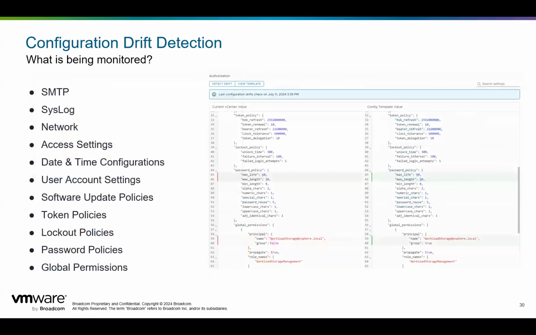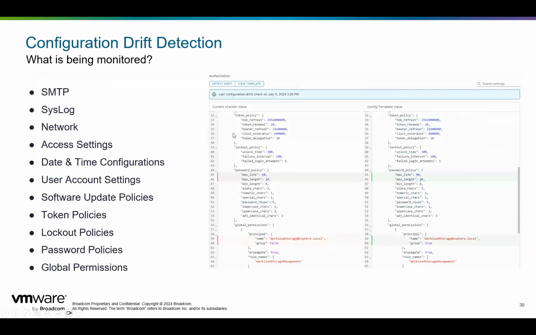While this is not an exhaustive list, here are some of the key things monitored by configuration drifts at a high level. You can monitor things such as your SMTP, your syslogs, your networks, different access settings, your date and time configurations for your NTP, user count settings, and your lockout and password policies, all this stuff here.